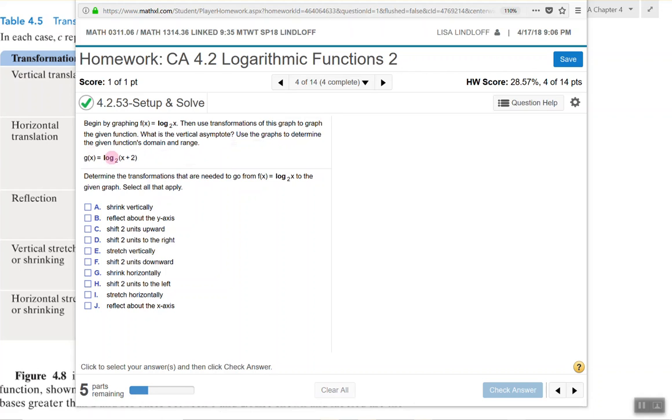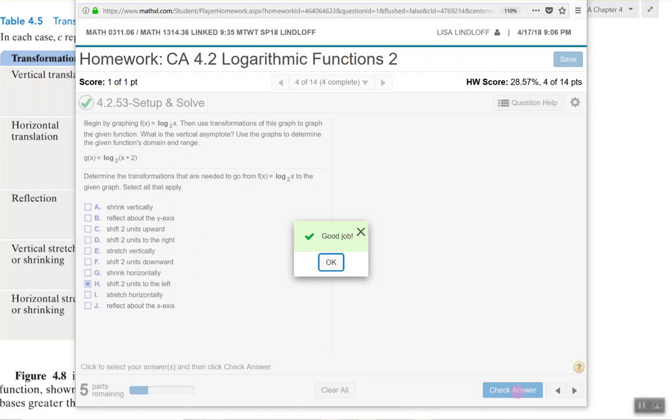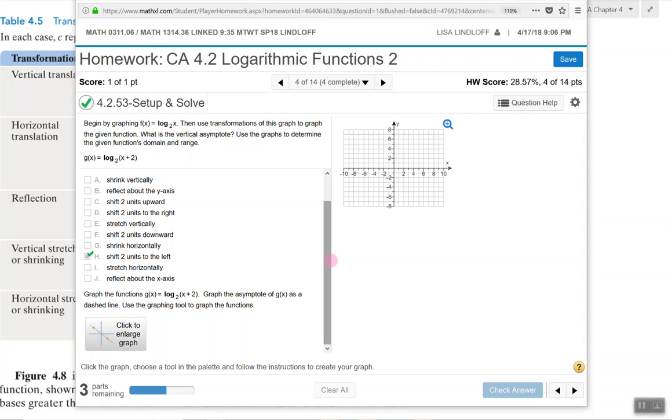When I see this function as a transformation of the original, I see a +2 on the inside. That means a horizontal shift, and it's going to go the opposite direction. It should go 2 to the left. Now I'm going to graph it.